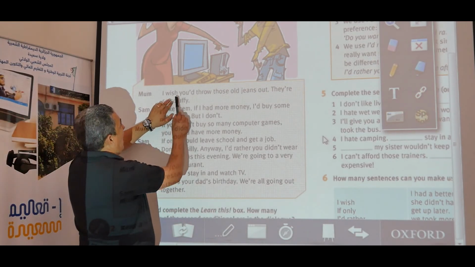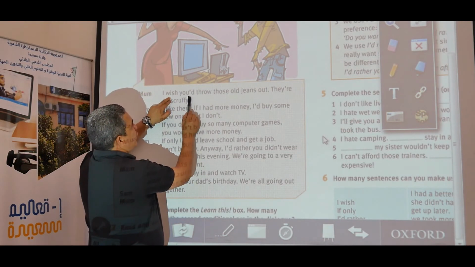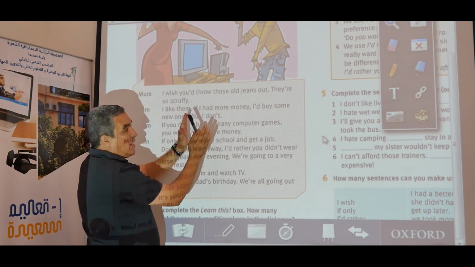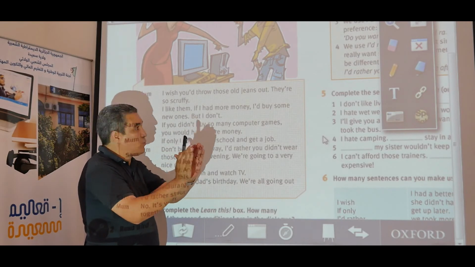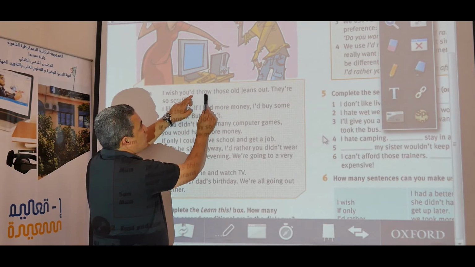Mom, I wish you would throw those old jeans out. Now remember this structure: I wish, would, base form of the verb.